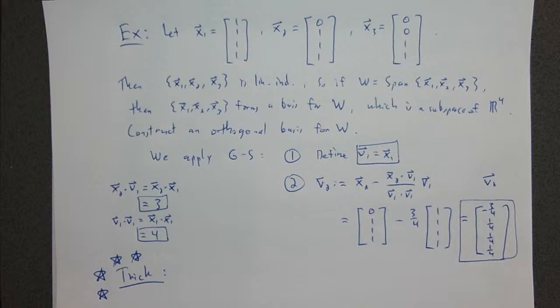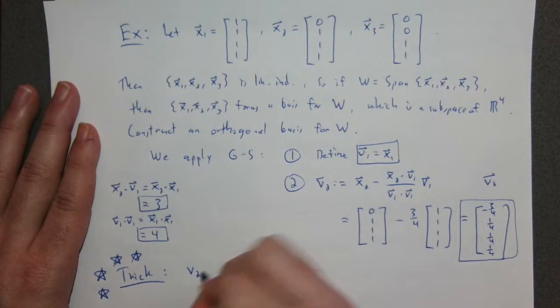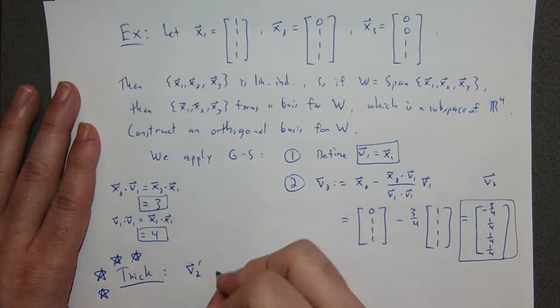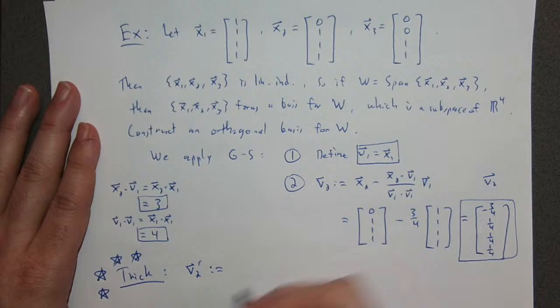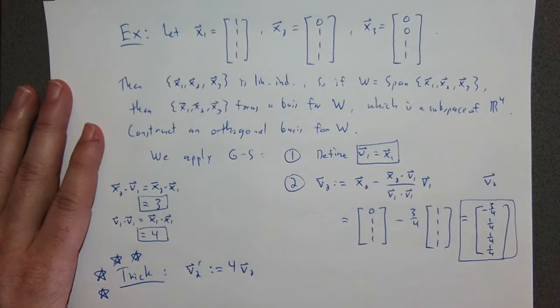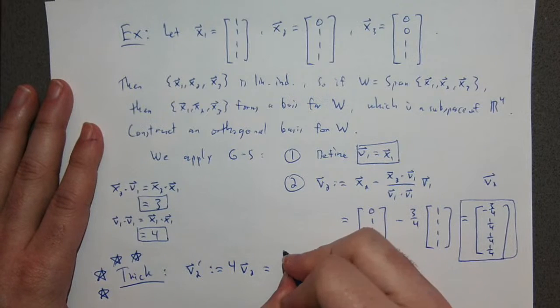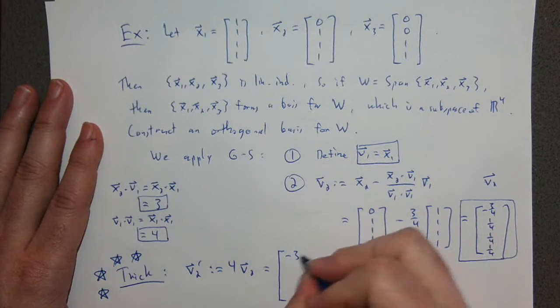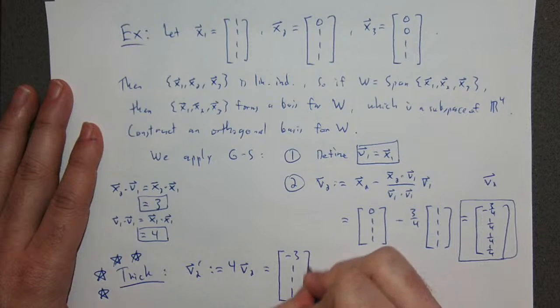And so here, what we want to do now is not scale it by that particular scalar. I just scale it by whatever would make this thing nicer. The trick is I can define v2 prime to be, say, 4 times the v2 that I found here. And what is this? This would be minus 3, 1, 1, 1.